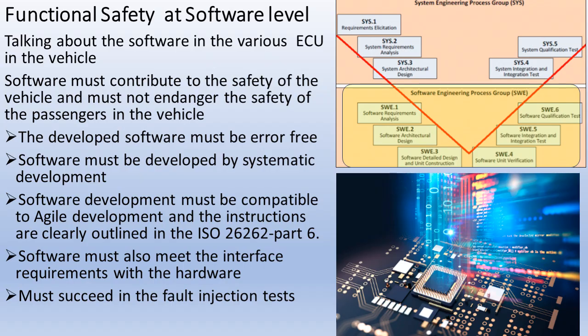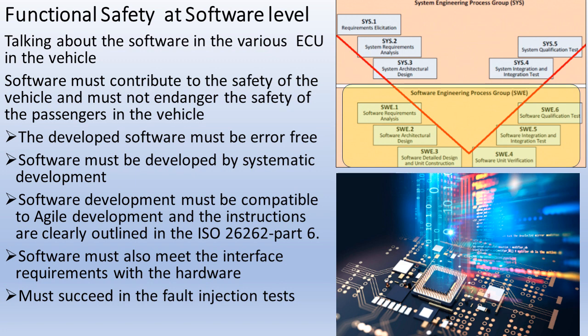Software development must be compatible with agile development, and instructions are outlined in ISO 26262 part 6. So you must understand that sometimes software development must be compatible with agile development also, provided all the instructions and all the documentation are clearly outlined.